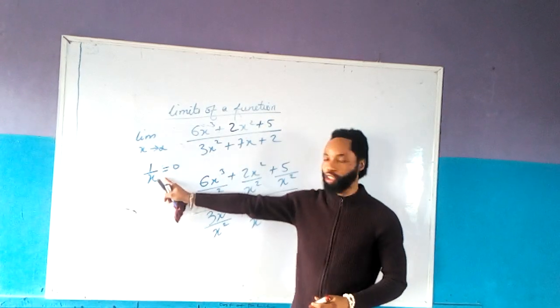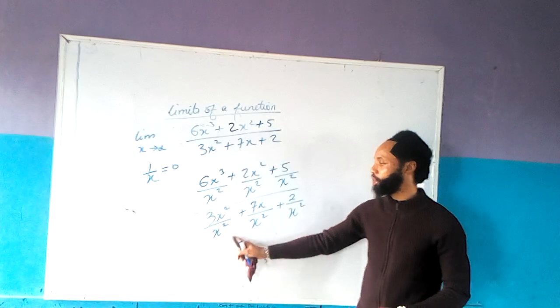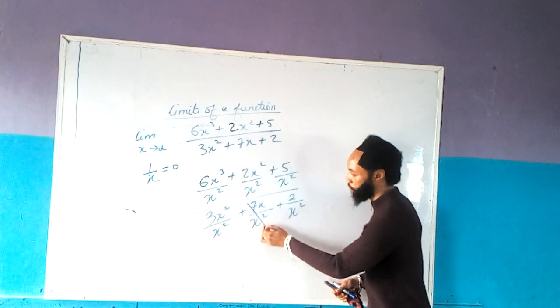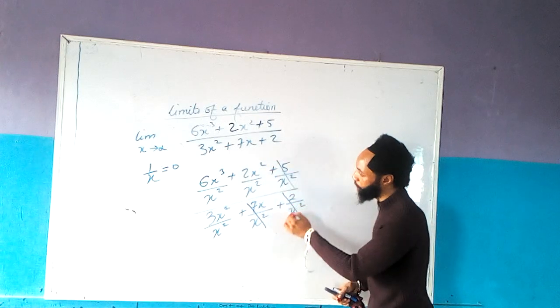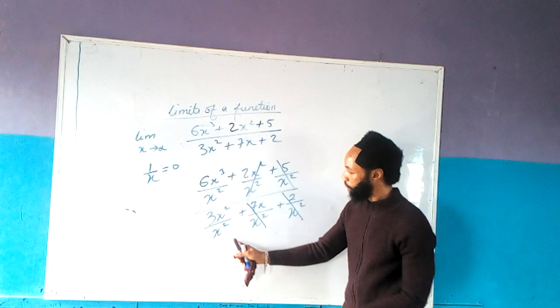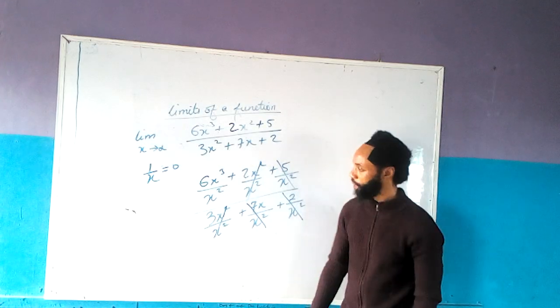Holding on to this notion, once your denominator is bigger, your value becomes what? 0. So we have a 0 here, 0 here, we're going to have 2 here, and 3 here. Are you with me?